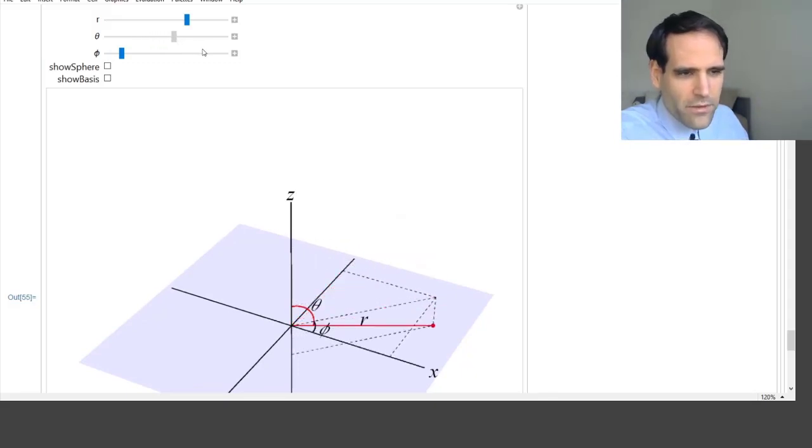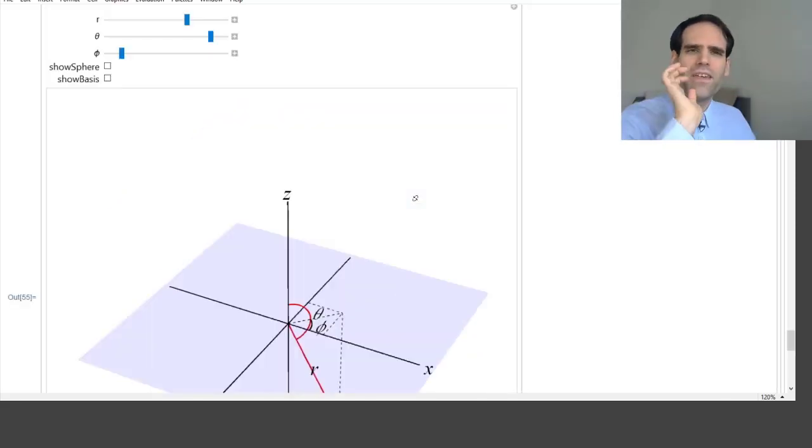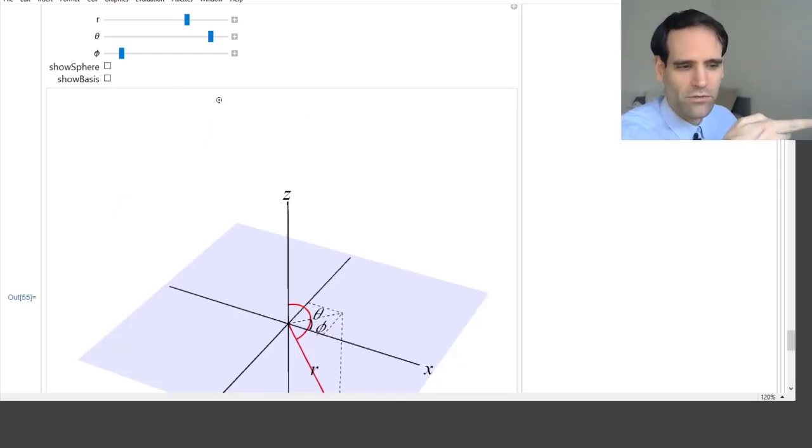Think about what the minimum and maximum values of the angle theta are, because while the angle phi goes from 0 to 2 pi in order to go round in the xy plane, the angle theta is a bit different. So think about it. I can ask you that in the live session.